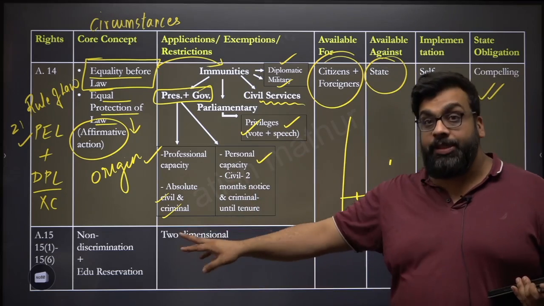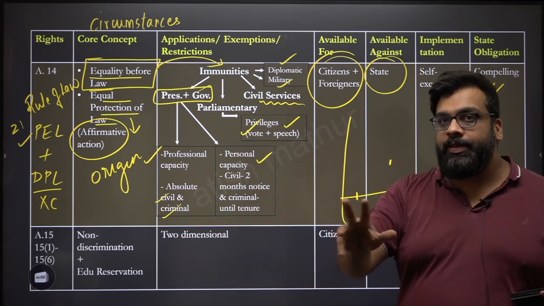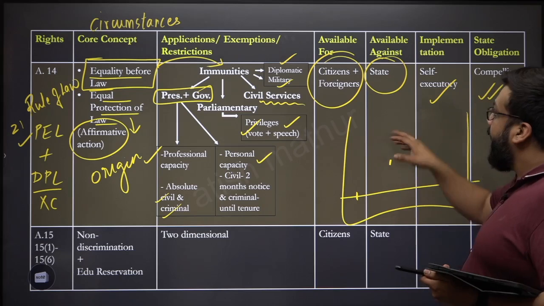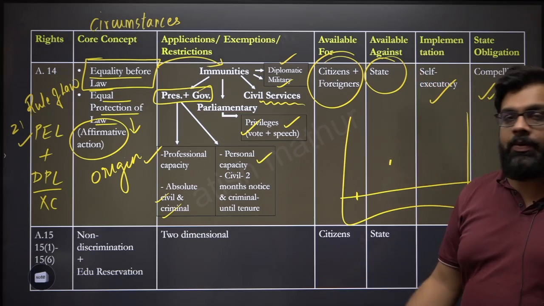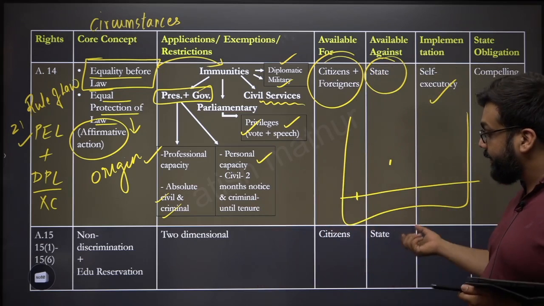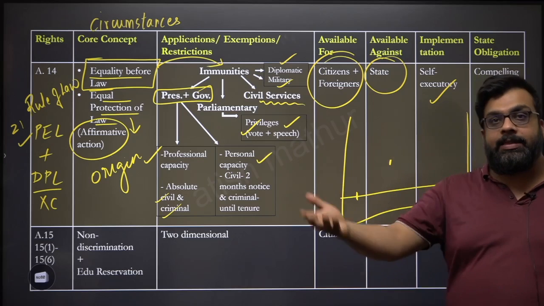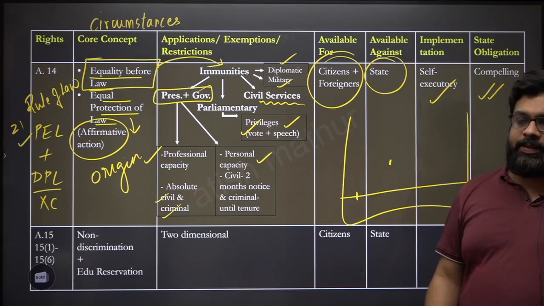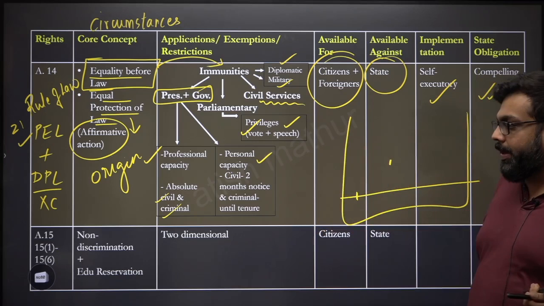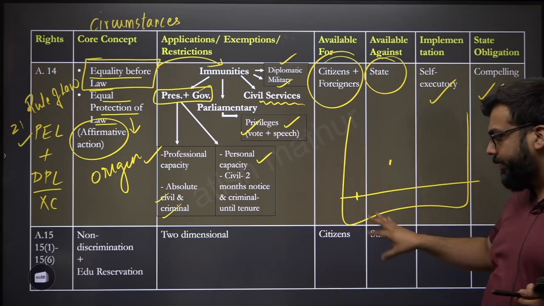However, some provisions are actually available for foreigners also, which is where our textbooks often get things slightly wrong. And of course, they're available only and only against the state, because you're trying to prevent. But however, there are certain provisions of Article 15 which are also available against private as well, and I'll come to them as and when we come to them, which is why the prelims will not really ask you these technically complicated questions.